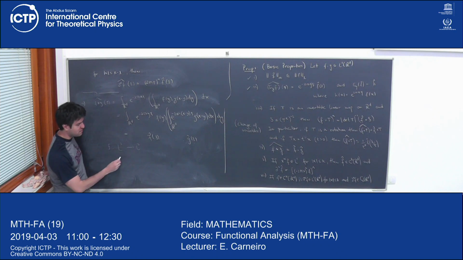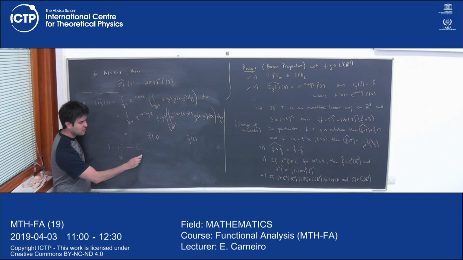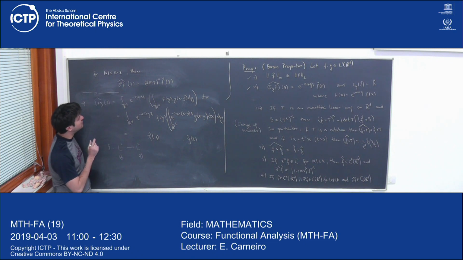Linear, meaning that if you have a plus here, it will take into a plus on the other side. But you have also a structure of an algebra in this space, right? So I'm mapping L1 to L infinity for now. It's a linear transformation.